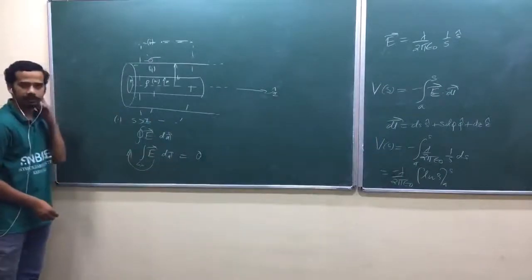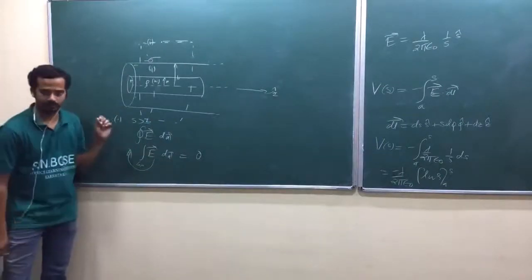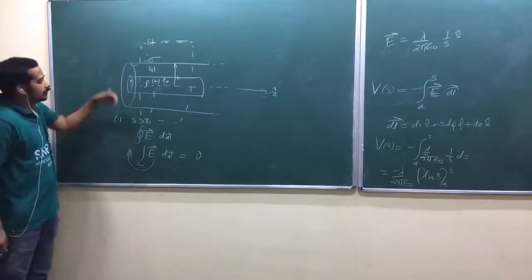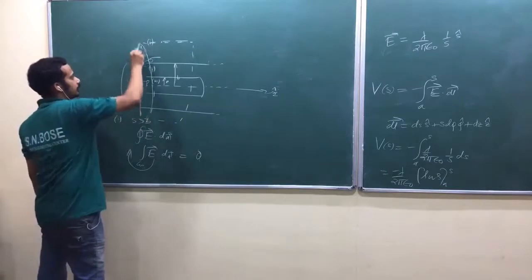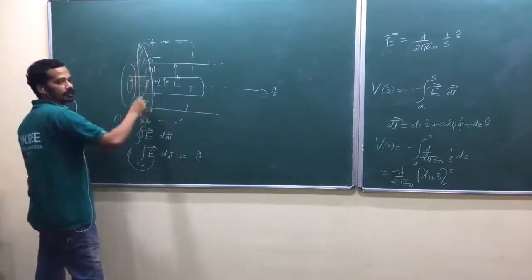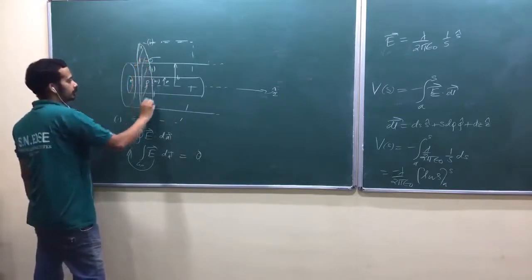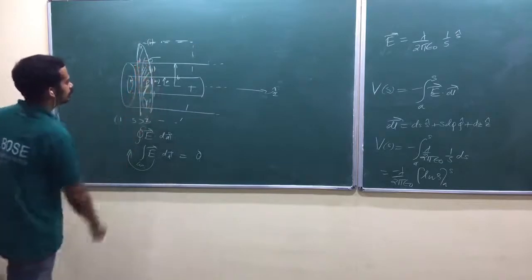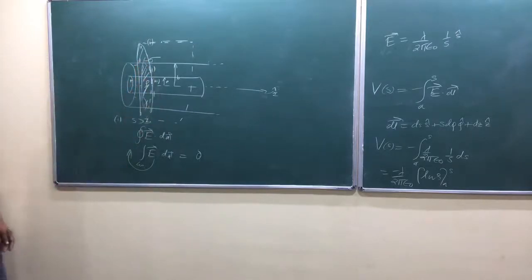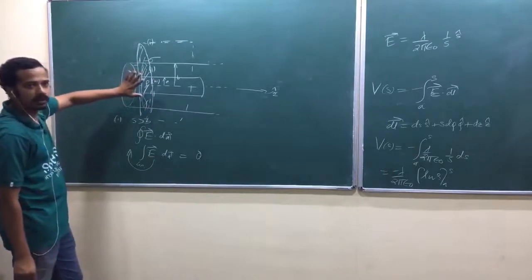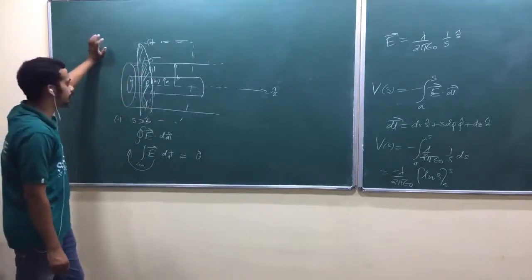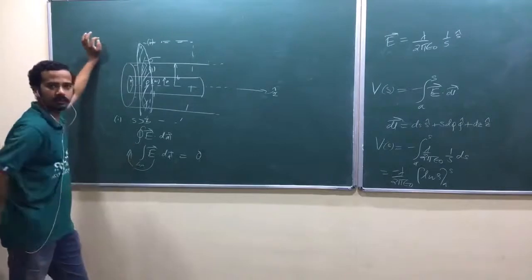The Gaussian surface will pierce this region, so you have to take care of that, but argue that the corresponding flux is 0, the corresponding surface integral is 0.